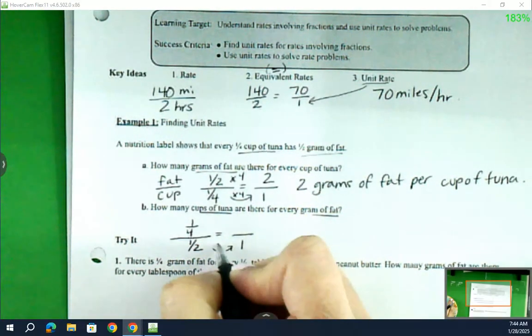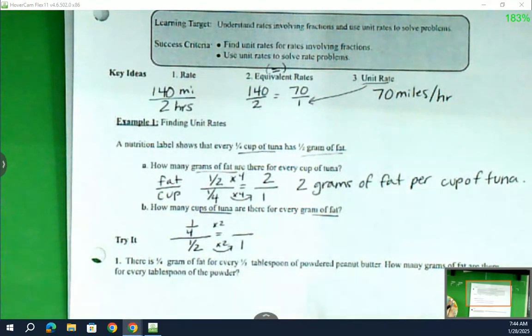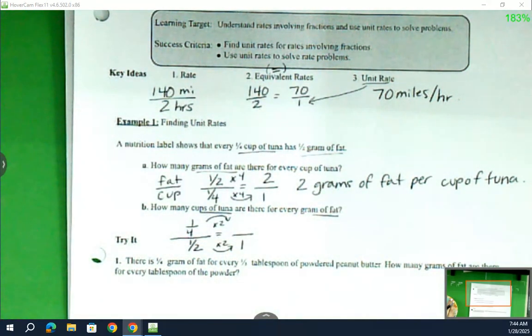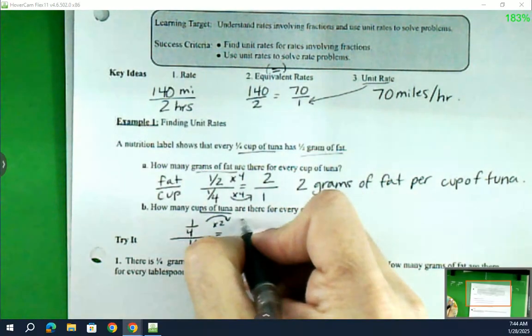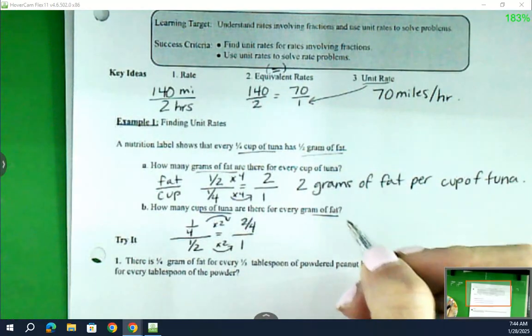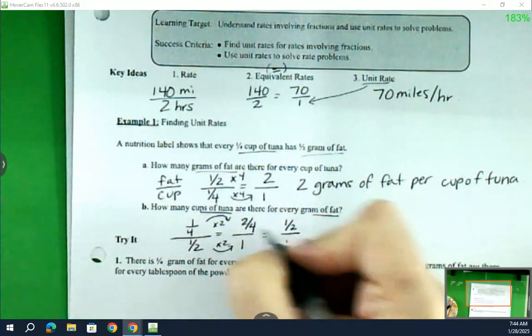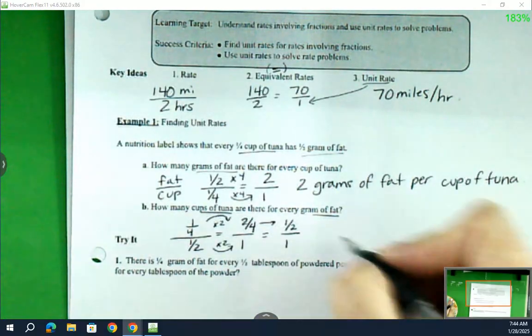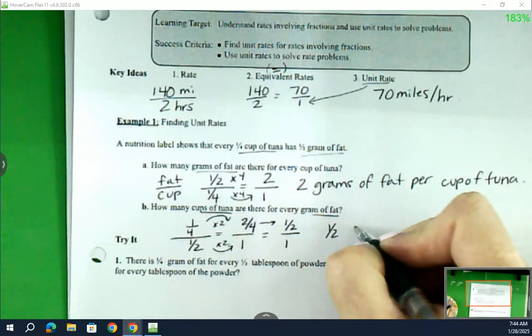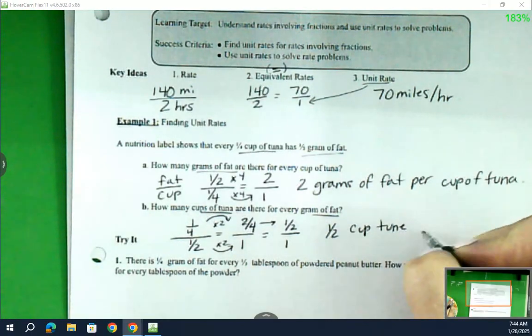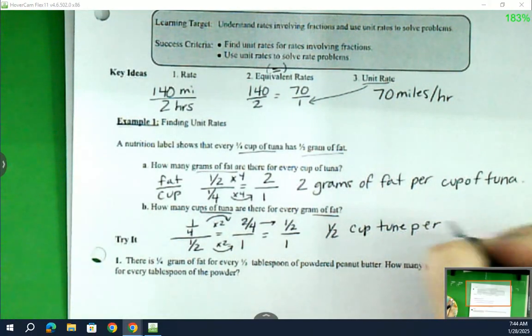So here we would do times 2, whatever you multiply your denominator by, you multiply your numerator by, and 1/4 times 2 is 2/4, which then works out to be 1/2 out of 1 if we reduce that. So we would say a half cup of tuna per gram of fat.